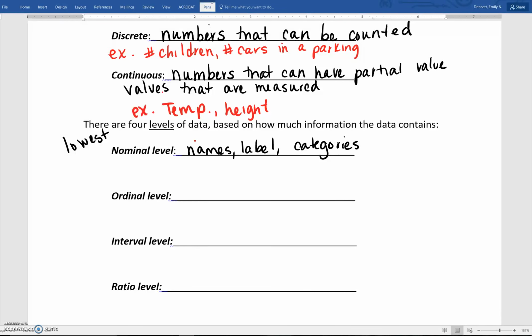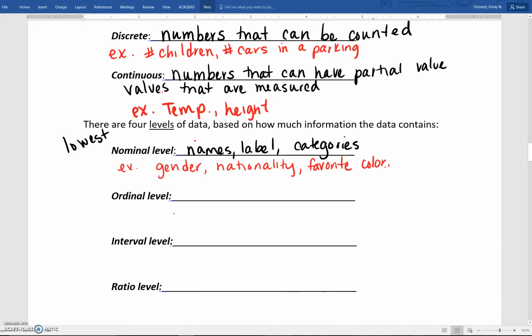For example, if you're doing a survey, you could talk about someone's gender. That would just be a category, or their nationality. You could ask someone their favorite color.